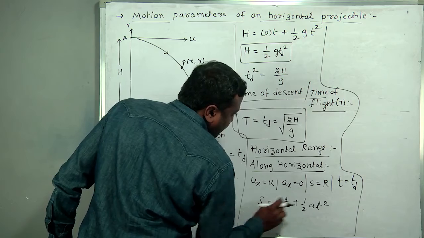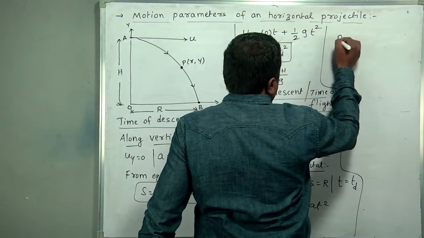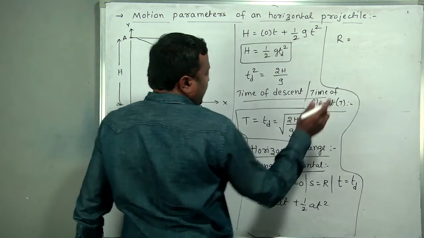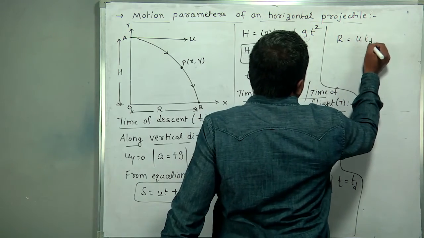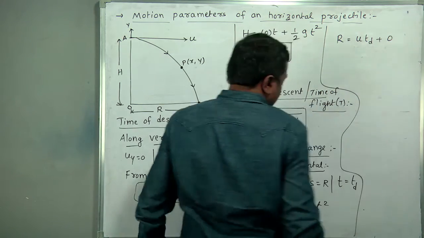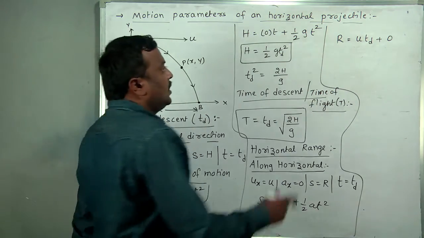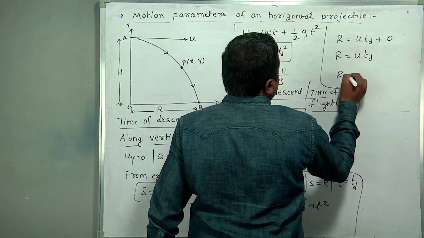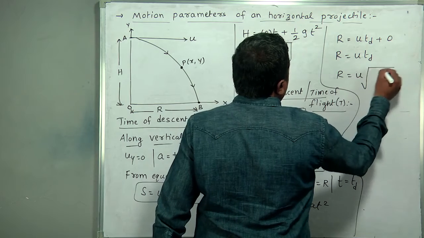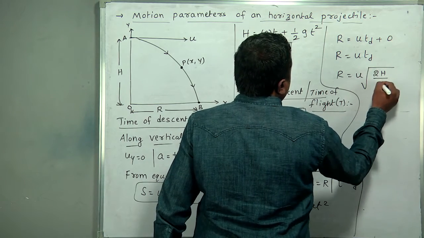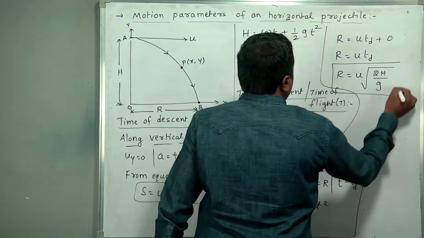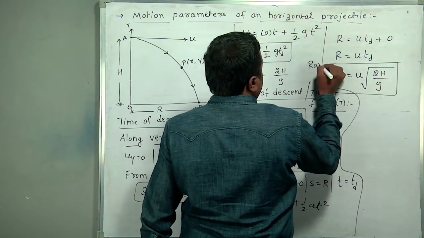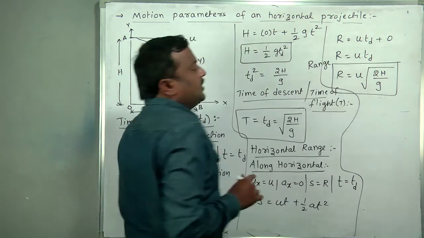Here S is nothing but R, so R is equal to U into t suffix d plus 0, because acceleration is 0. Therefore, R is equal to U into square root of 2h by g. This is said to be the horizontal range of the projectile.